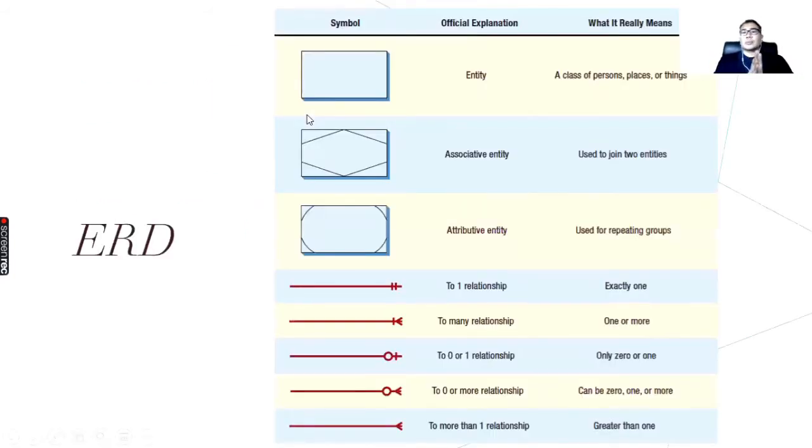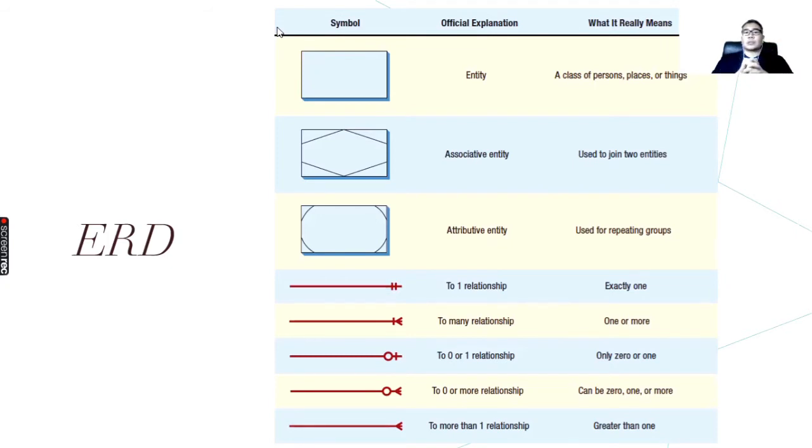These are the notations of an entity relationship diagram. We have a square there, which refers to the entity, which is the object that conducts the transaction. We also have an associative entity, which is basically an entity that joins one entity with another entity, usually in a many-to-many relationship.